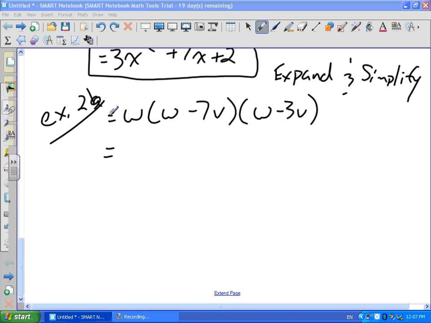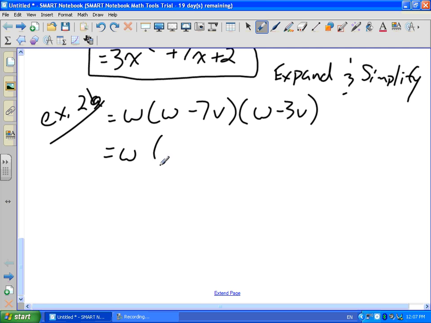I'm going to bring down my common factor. I'm going to deal with these. First terms, w times w is w squared. Outside terms, w times negative 3v is negative 3vw. Inside terms, negative 7 times w is negative 7vw.